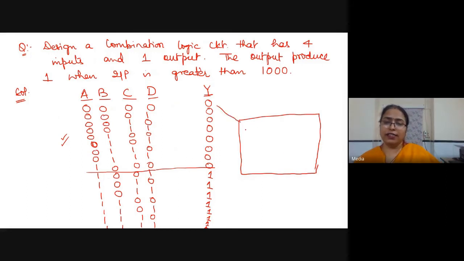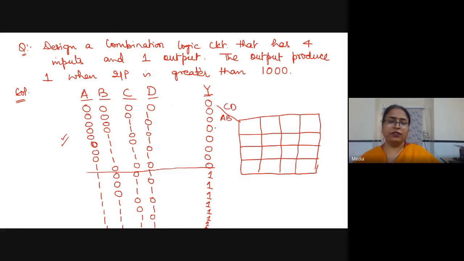So how many cells in the K-map? 16. 4 variables are there, A, B, C, and D, right? These are the inputs. Now 0 0, 0 1, 1 1, 1 0, and 0 0, 0 1, 1 1, and 1 0, right?